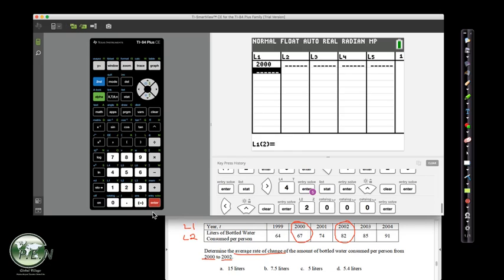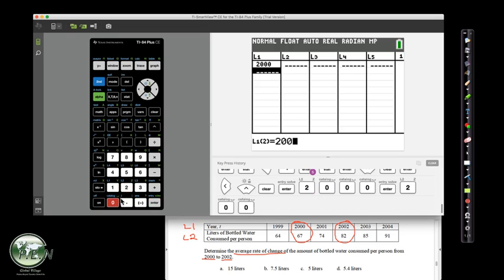Enter. Second data point, 2002. And again, just be sure you've got the right numbers entered in. The first y value is 67. Enter. And the next one is 82.